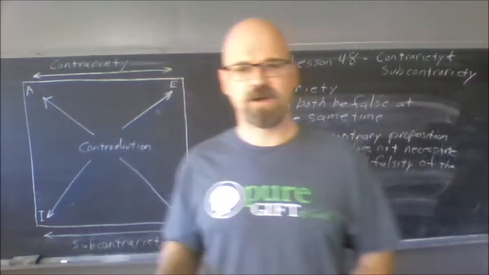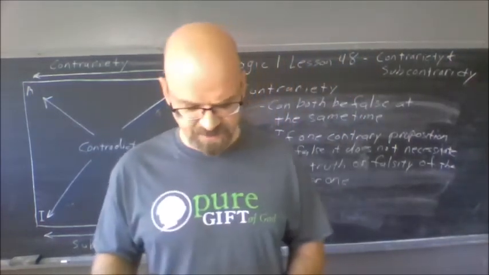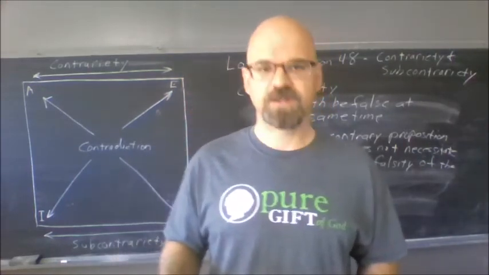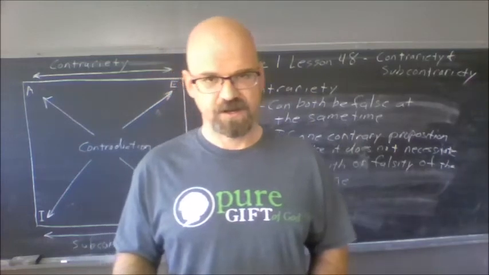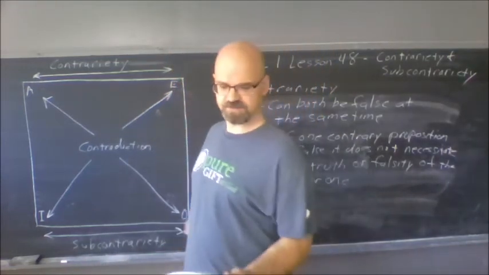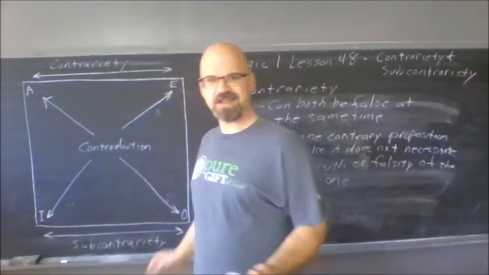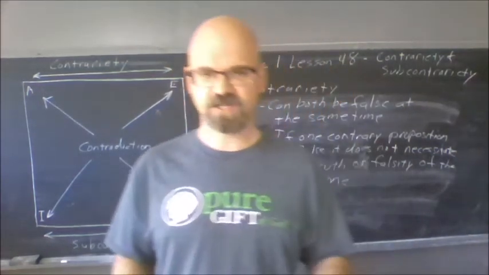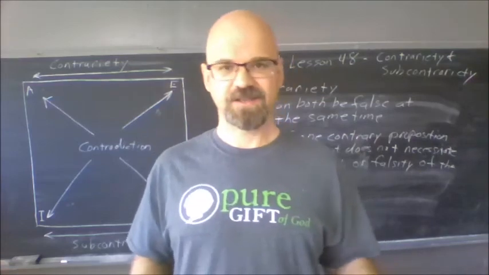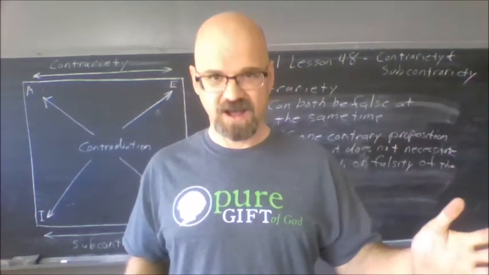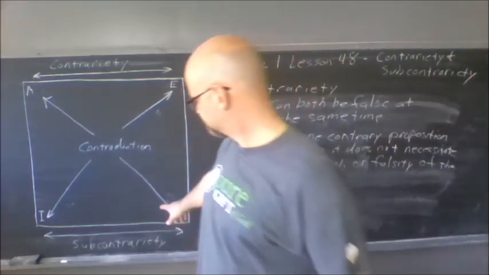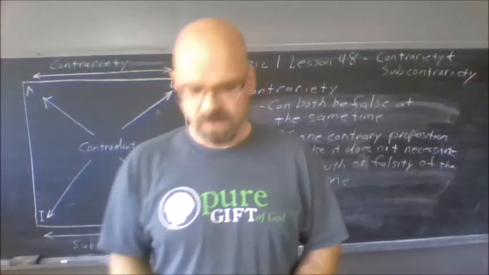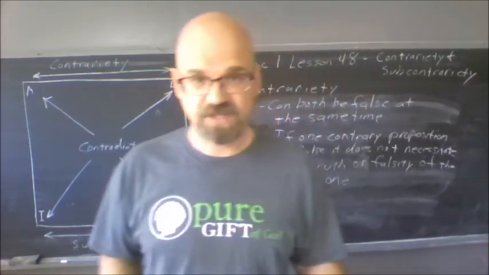Okay, so let's do number 1. Number 1 says, some Egyptians are Christians. No Egyptians are Christians. What kind of statements are these? A, E, I, or O. So the first one, some Egyptians are Christians, is an I statement. No Egyptians are Christians.